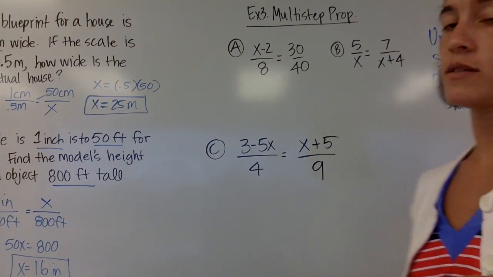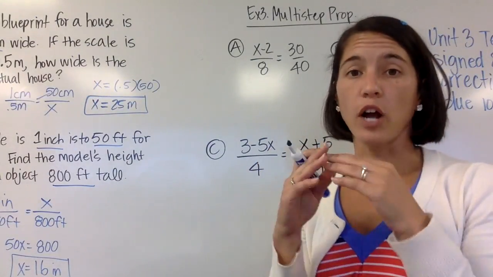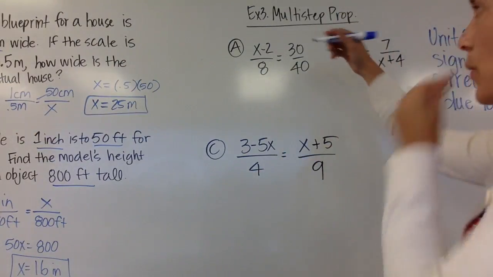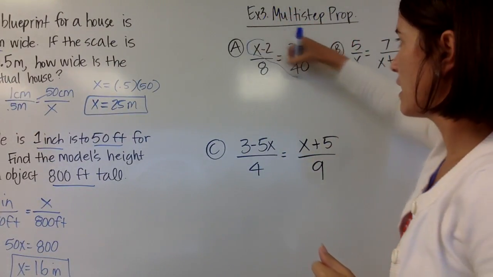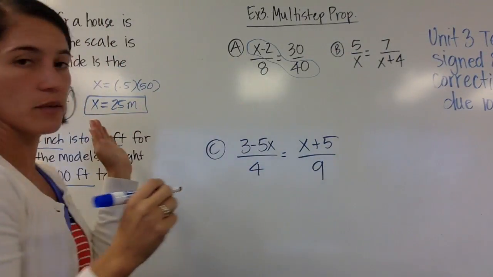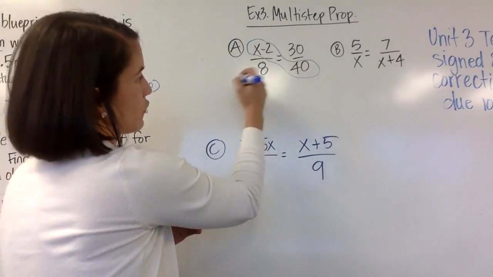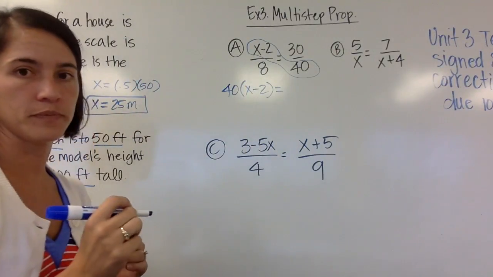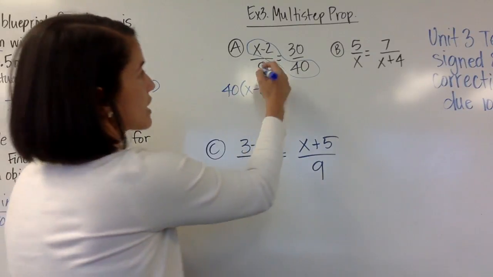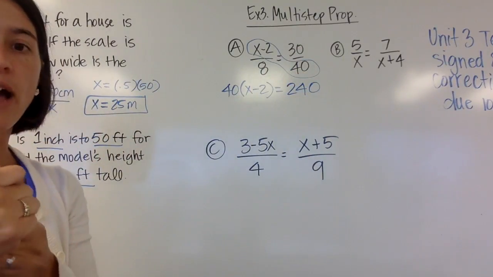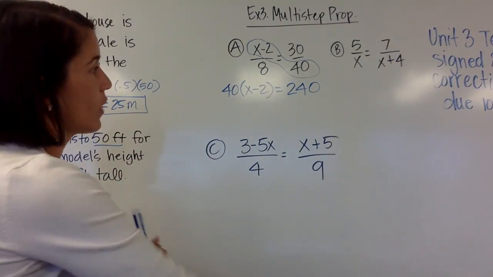Multi-step proportions. We're going to use the cross product. We're going to multiply and then solve an equation. Okay, watch carefully. Just like I did them before, I'm going to cross multiply, and I'm going to do 40 times x minus 2 equals 8 times 30, which is 240. Now I have a multi-step equation.